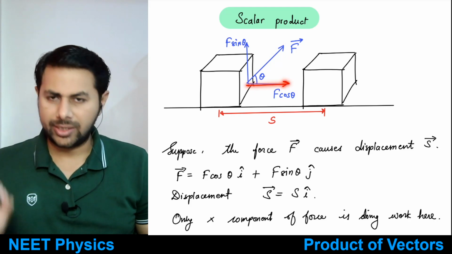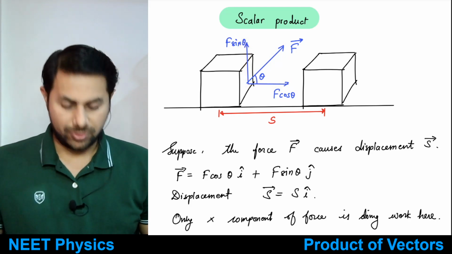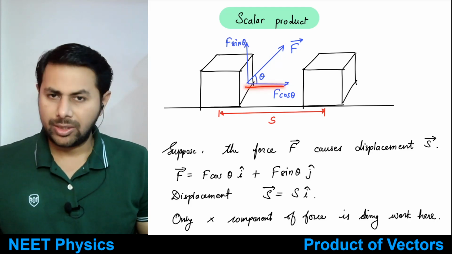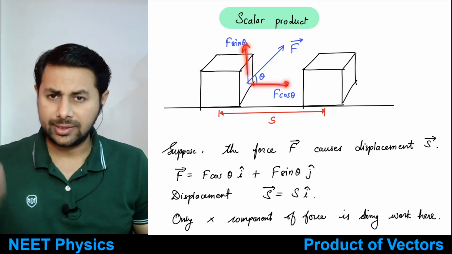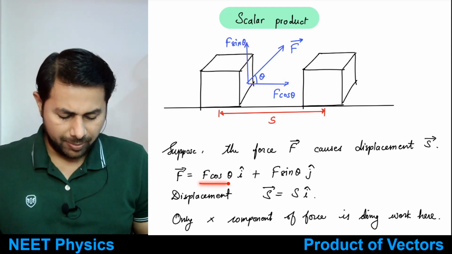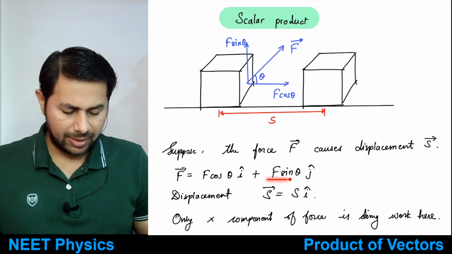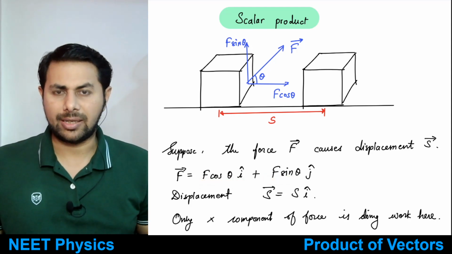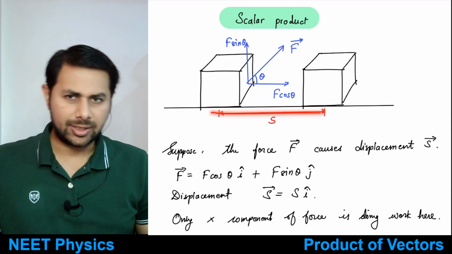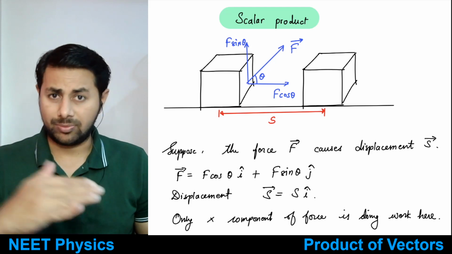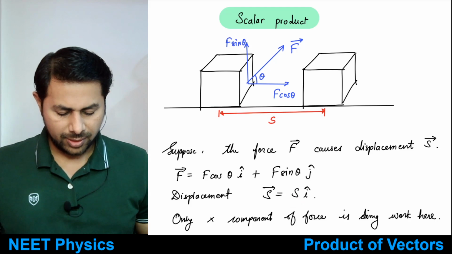So the x component is F cos theta and the y component is F sin theta. So you have F cos theta multiplied by i cap, this is the x component, and F sin theta multiplied by j cap, this is the y component. And the displacement is totally along the x axis, along the floor, so it can be written as S into i cap, right?